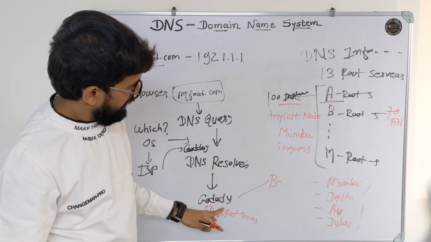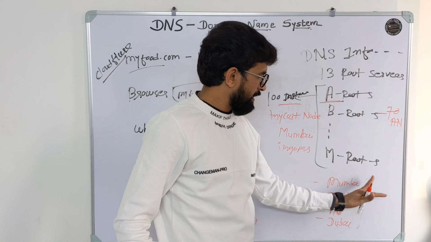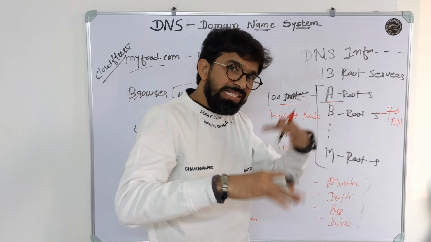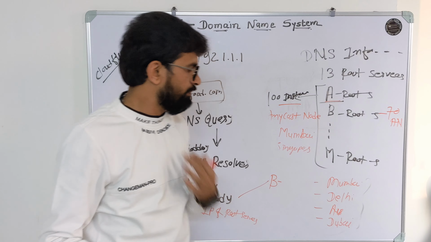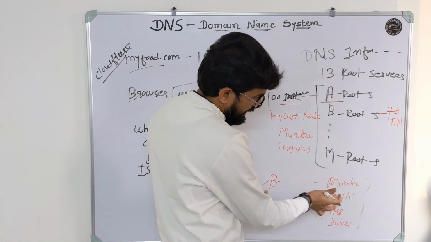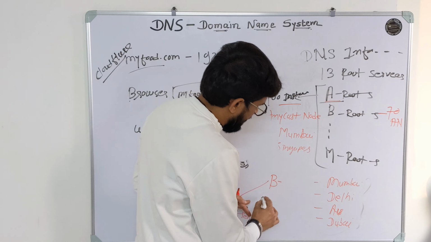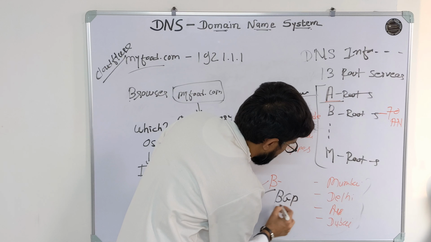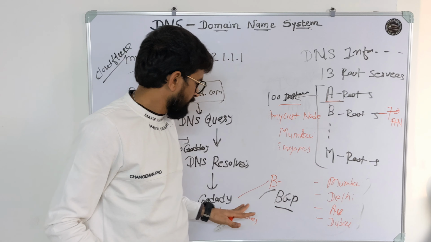Now the question comes: if GoDaddy says I want to connect to the B root server and there are multiple Anycast nodes of the B root server, I am not using the word instance because inside an Anycast node there can be multiple instances, so I am just using the word Anycast node here. Since each node shares the same IP address, this request is routed by the BGP protocol, the Border Gateway Protocol, which takes care of the routing of this request.